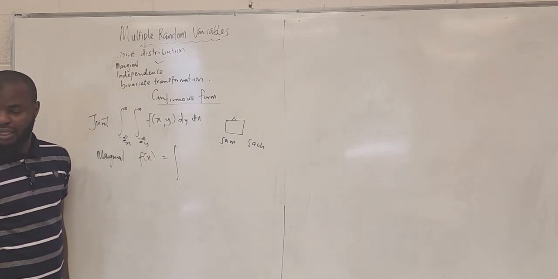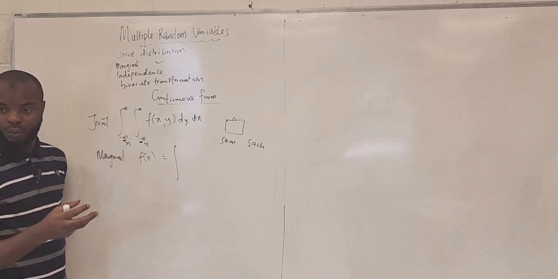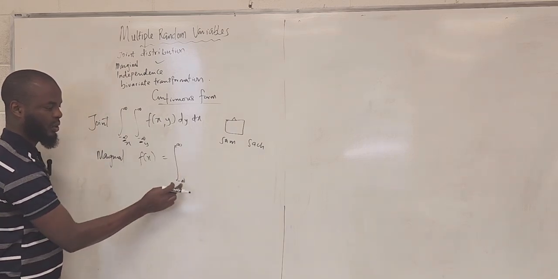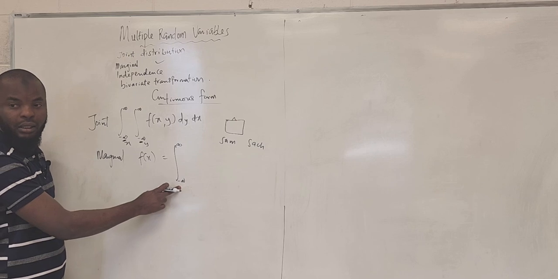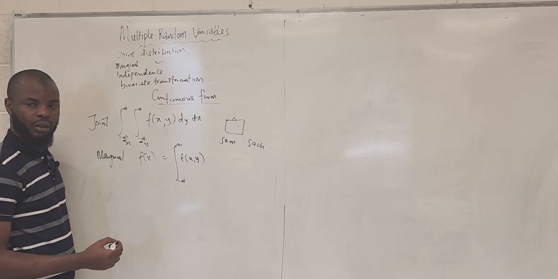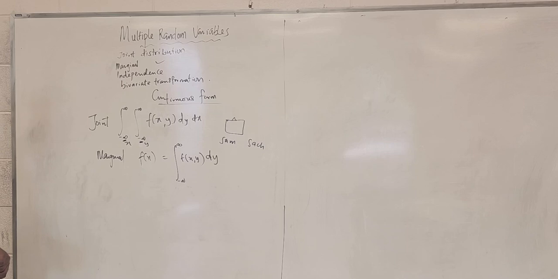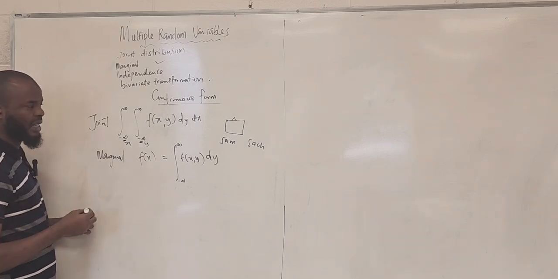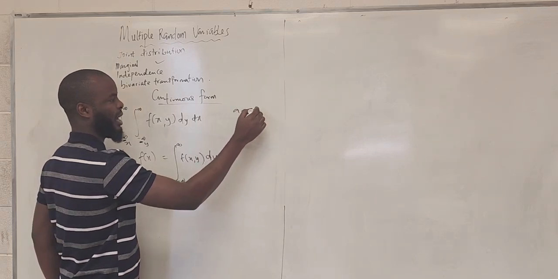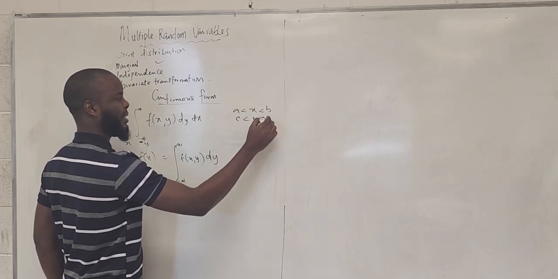We have 2 variables, right? So you want to marginalize x. You want to get the distribution of x from x and y, so you're going to use the limit of y. Don't forget, limit of y. So it's now going to be the joint distribution integrated over y. To make you understand it better, let me put it in a better form. For x, you have a less than x less than b. For y, you have c less than y less than d.